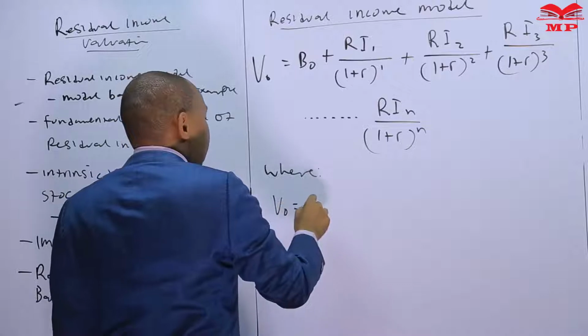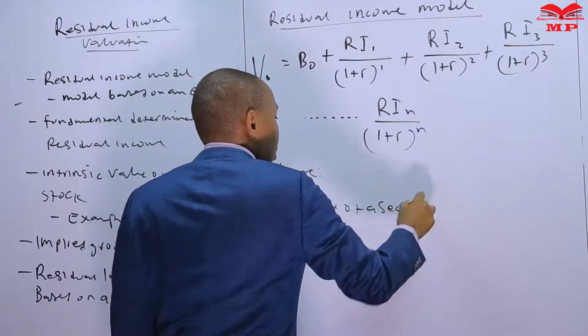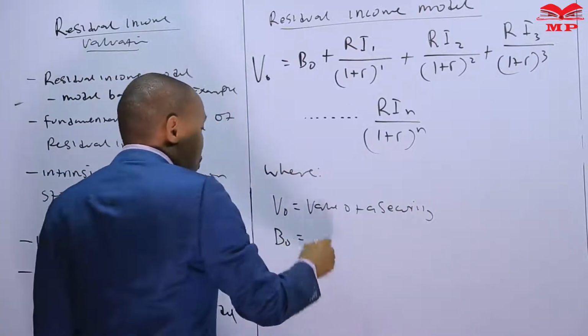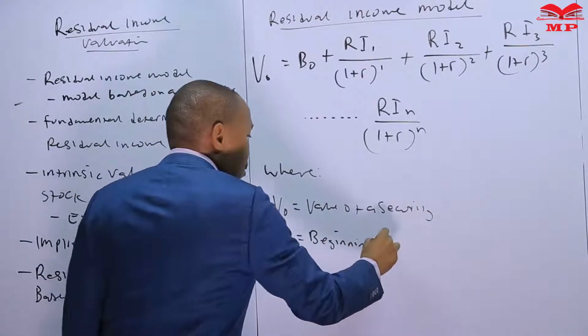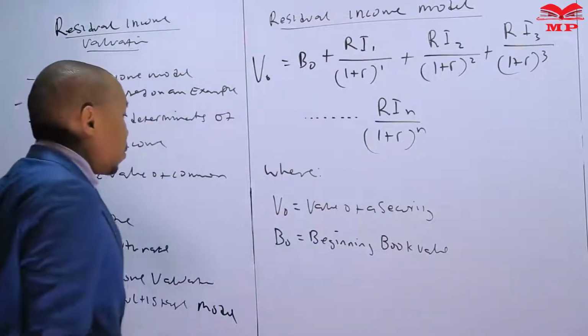where V0 is the value of a security. Then we have B0, the beginning book value.